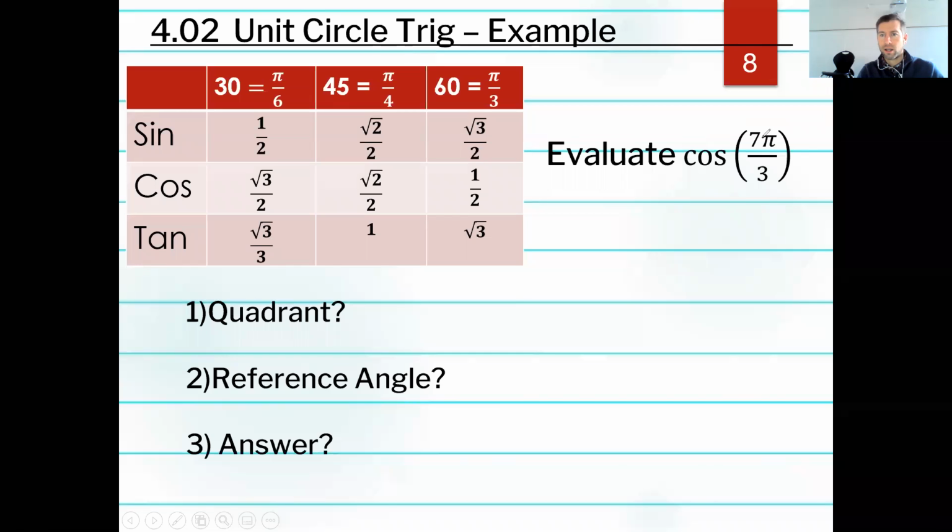So let me just cross this out, and let's say the sine of, let's say, -3 pi over 4. If you have negative angles, we can just kind of multiply like we normally would.